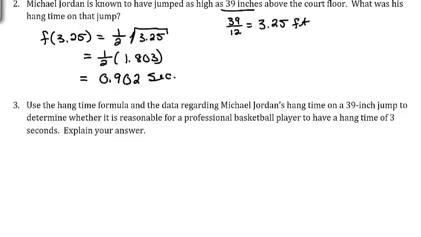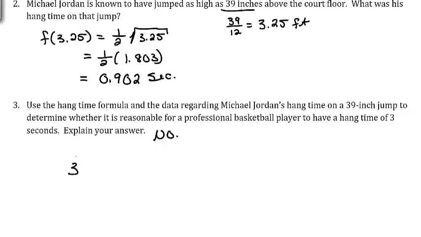So Michael Jordan, his jump was 39 inches, and it was not even quite a full second yet. And so is it reasonable to think that someone could have a hang time of 3 seconds? And I would say no, that's not reasonable.